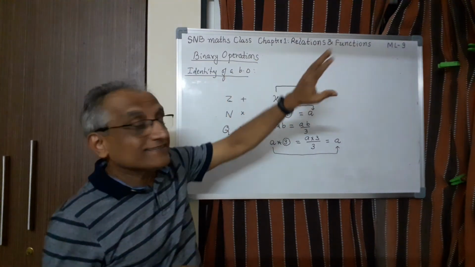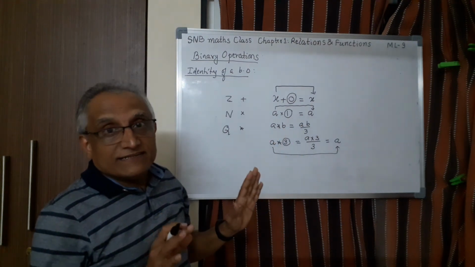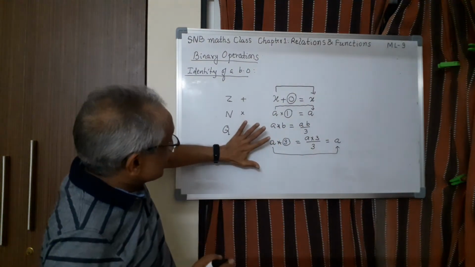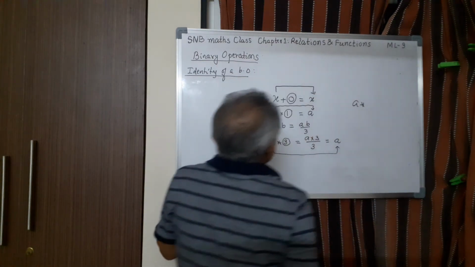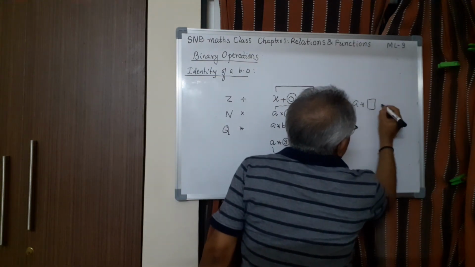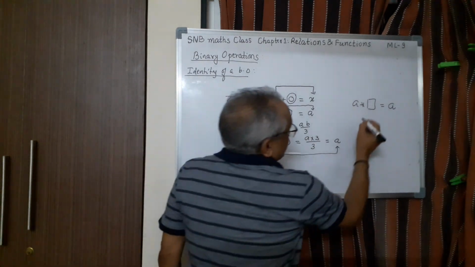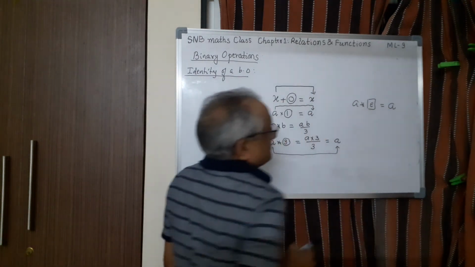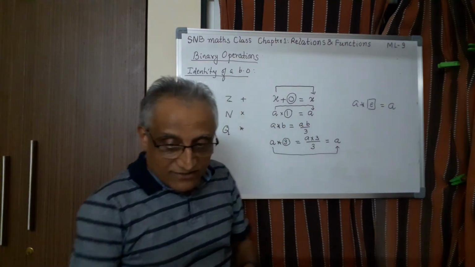If that is the case, this particular element is called the identity element. I can generalize this now. So a star is the binary operation, and if you put this identity element here, what you should get is a only. So this element is denoted by e. So the identity element is e. That is the meaning of identity.